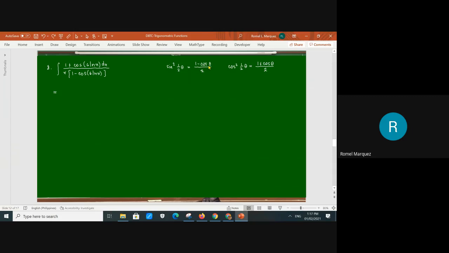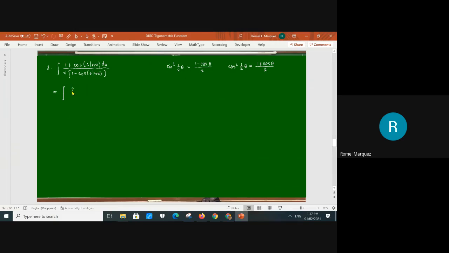You just take half, okay? If it's 4 here, 2 here. If theta, 1/2 theta. Okay, guys? So I can rewrite this. The 1 plus cosine theta becomes 6 ln x, becomes times 2.